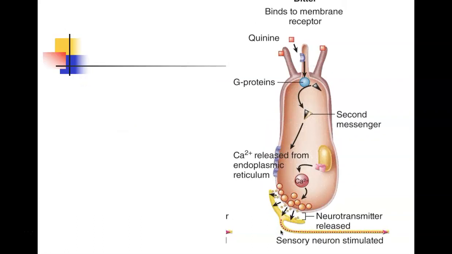Okay. And for bitter, it's a little bit different mechanism, where quinine is binding here, activating our G protein, second messenger activated, and now you have calcium not coming in from the outside, but released from endoplasmic reticulum stores. There's not a lot of free-floating calcium in your cells in general.